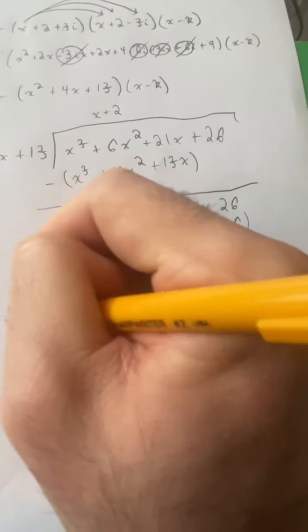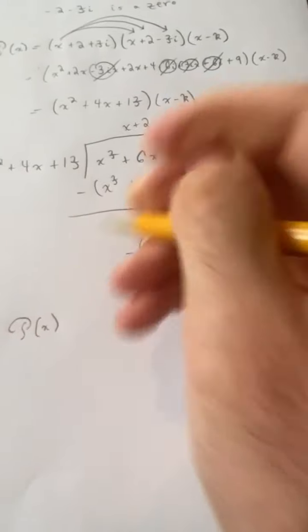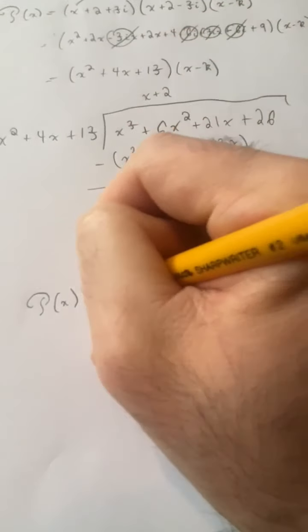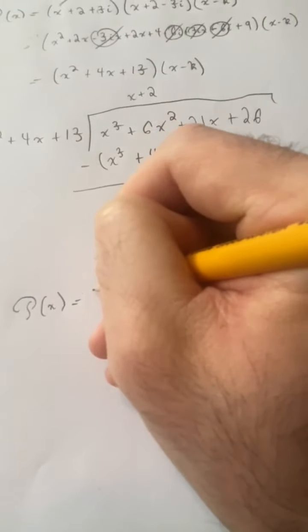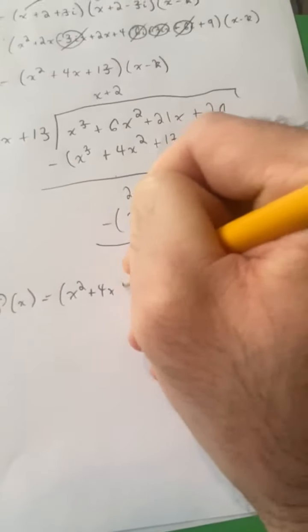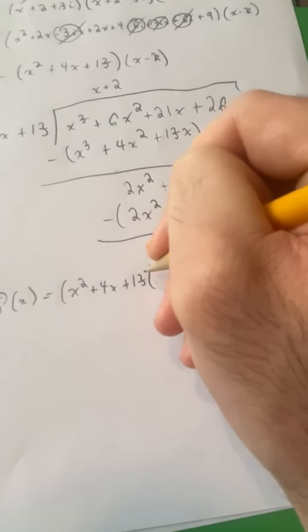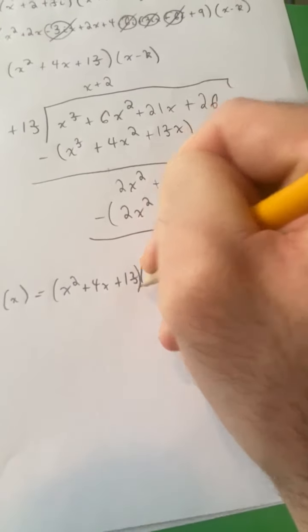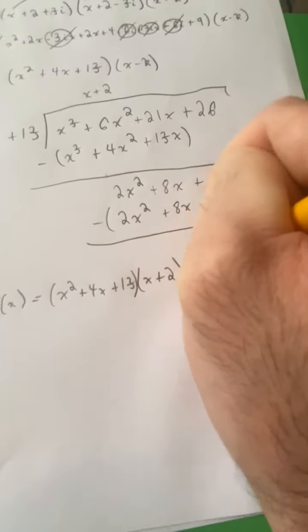So p of x equals x squared plus 4x plus 13 times x plus 2.